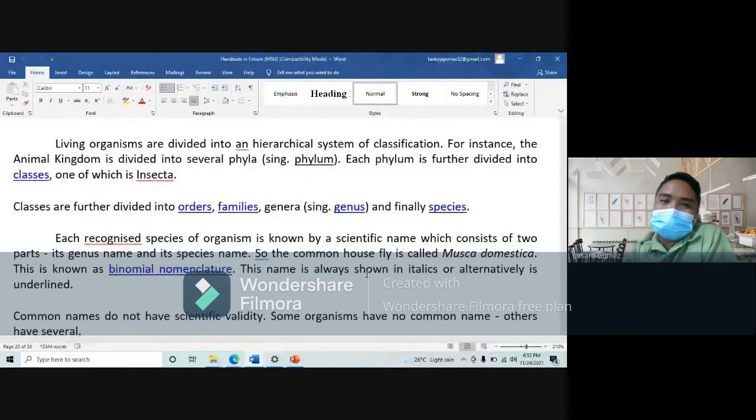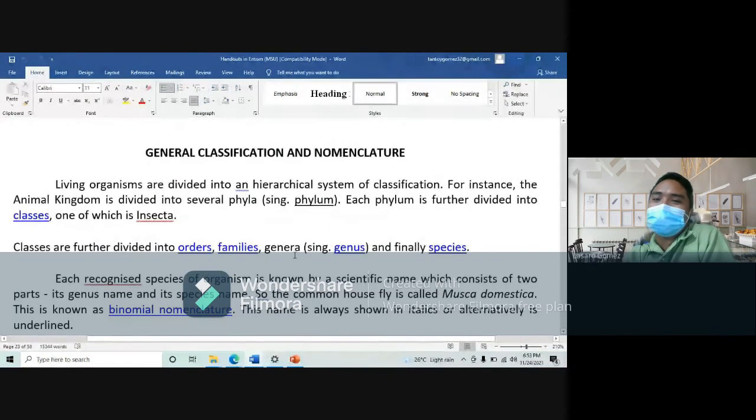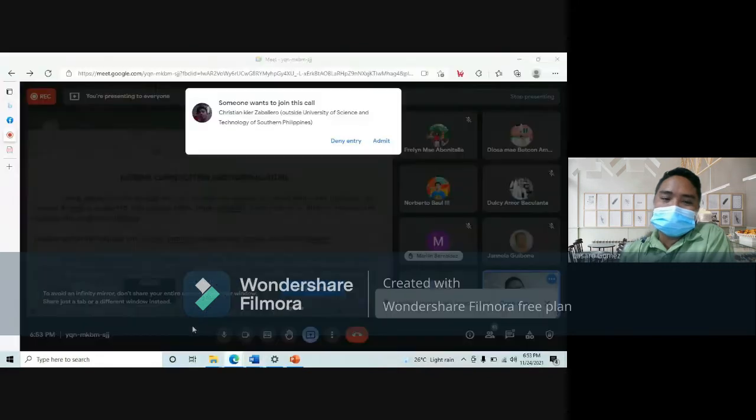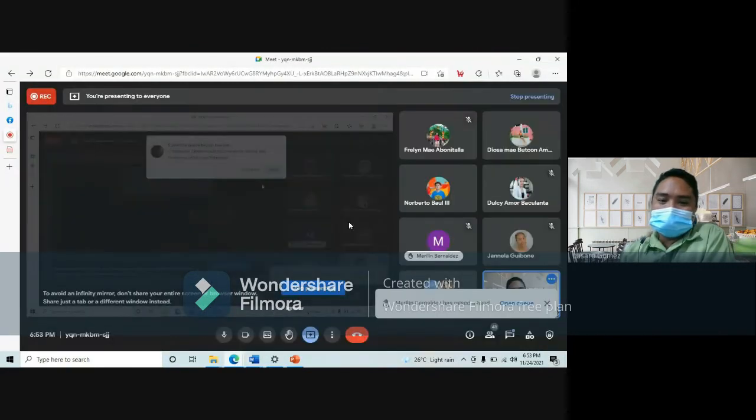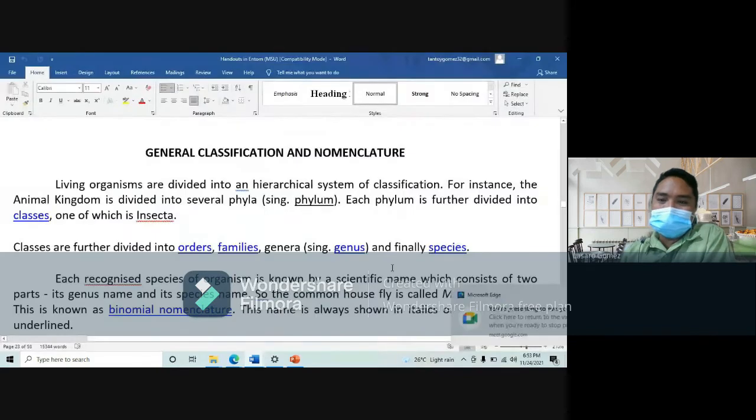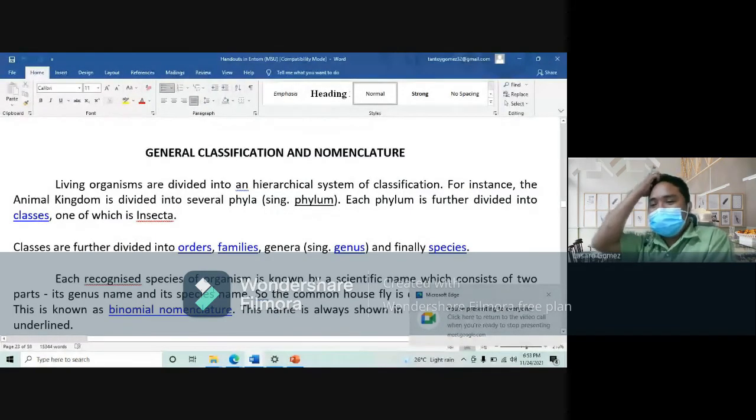Okay, now, kinsa ang father of taxonomy, by the way, before moving on? The father of taxonomy is Sir Carolus Linnaeus. Siya ang naghatag sa scientific names. Siya ang father of scientific names, kumbaga, or the father of taxonomy.